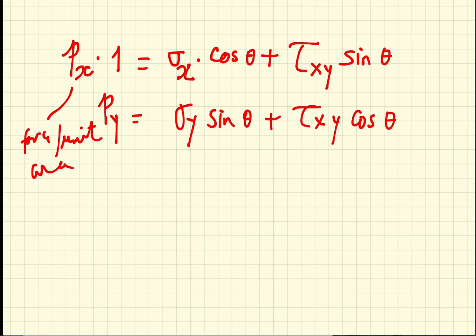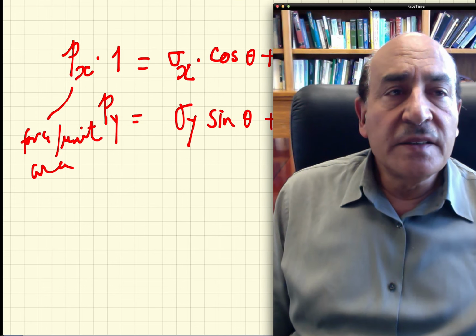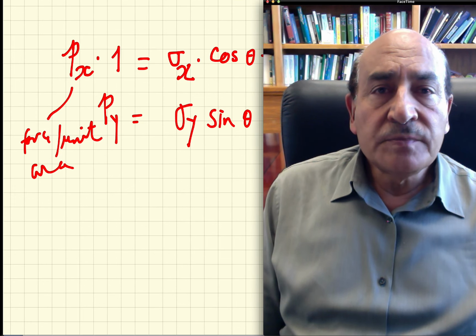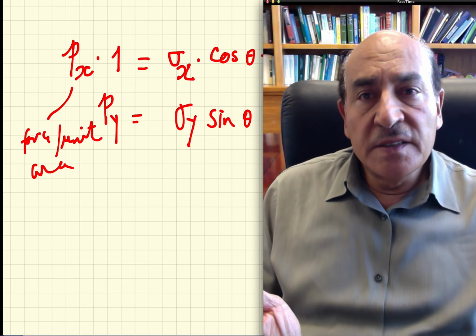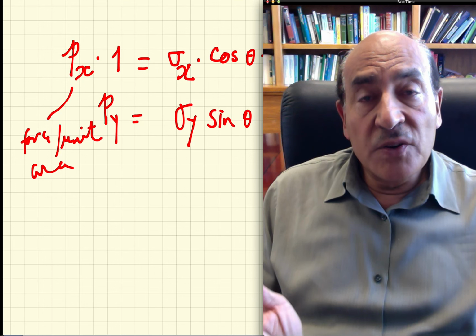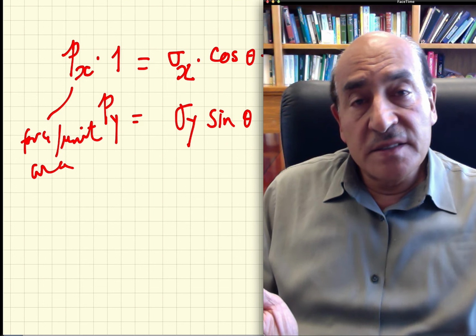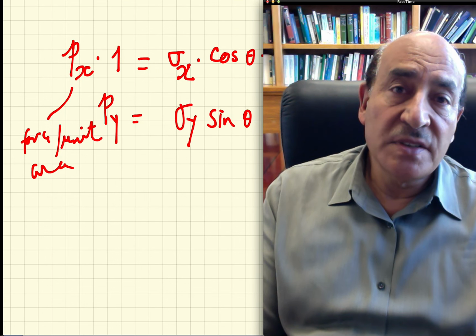And now if I want to find the components of the stress along x prime, for example, then all I have to do is project the p sub x along x prime and add to this the projection of p sub y along x prime.